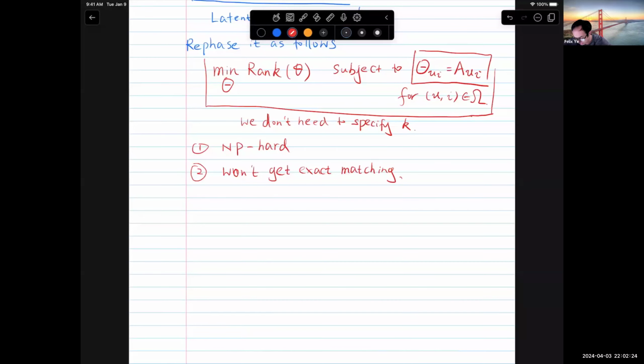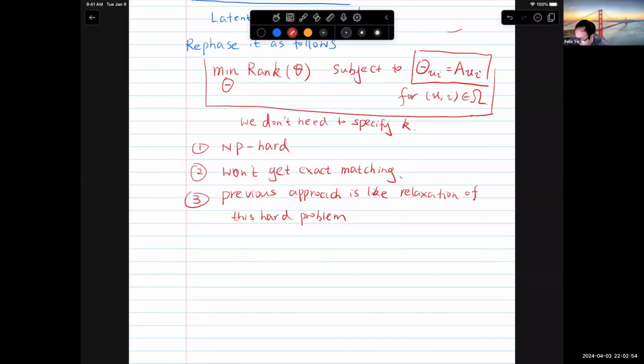Obviously, that's not a very good way of solving everything. You can think of my previous approach as a relaxation of this non-convex, difficult problem.